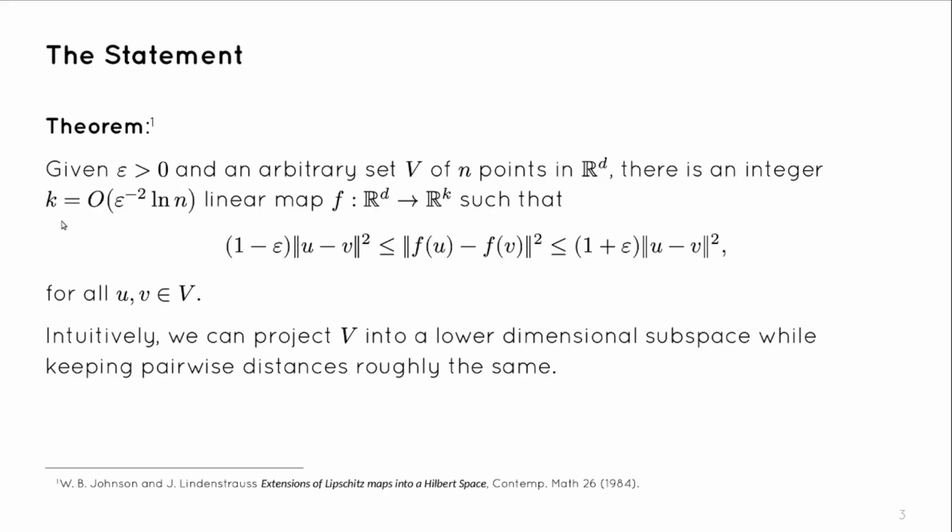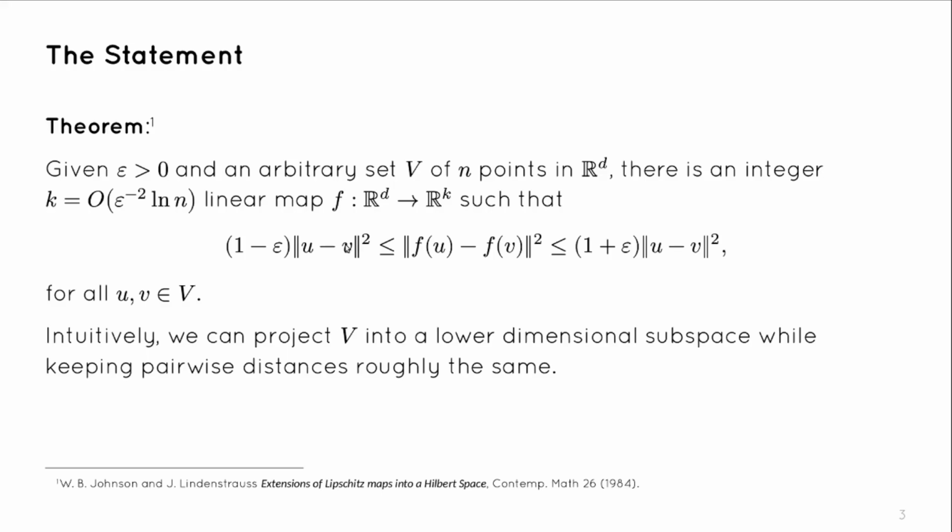And we can find a linear map f from R^d to R^k, so we're going to a space of dimension k, such that for any points u and v in our set, the distance between f(u) and f(v) is bounded by 1 minus epsilon and 1 plus epsilon times the norm of u minus v in the original space.